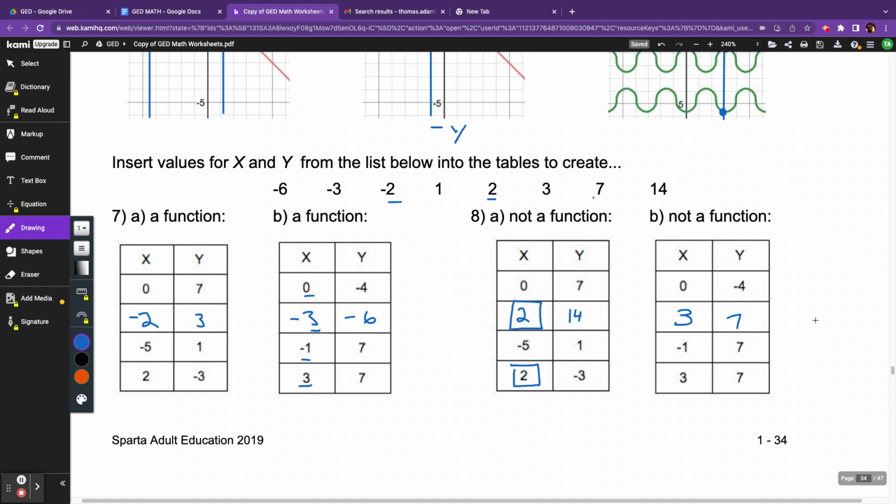Sure. It doesn't matter if the y's repeat. But because you have x equals 3 and x equals 3, if I were to graph that, it would cross twice at x equals 3. So that's not a function. Cool. That was kind of simple. Yeah, it's not hard, but it takes a little bit of thinking.